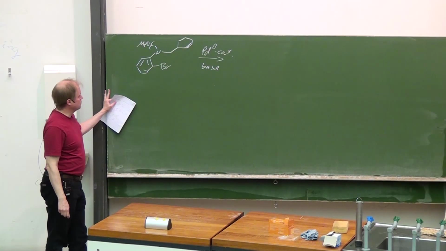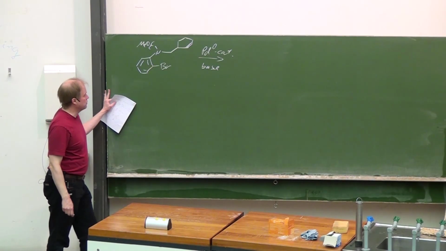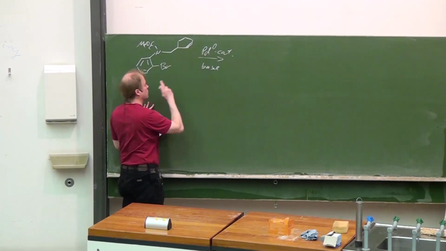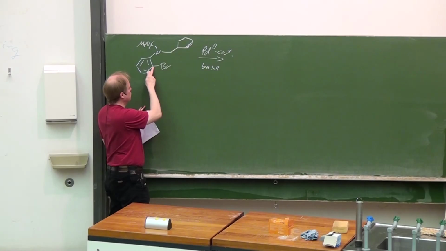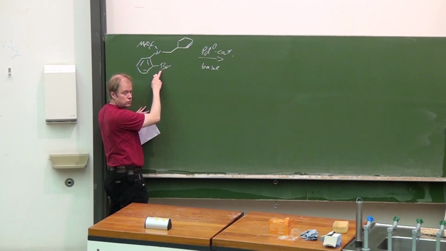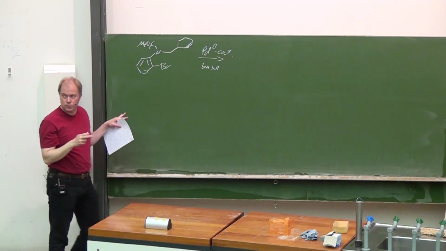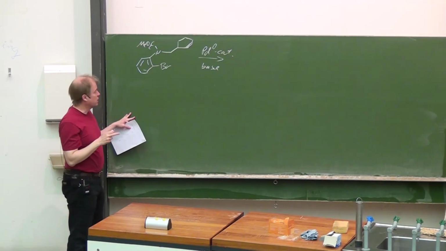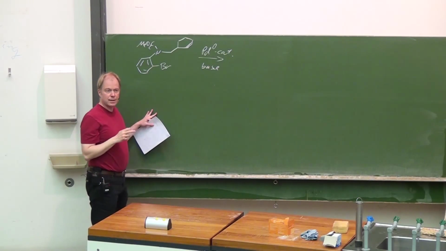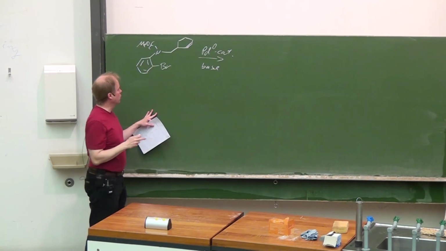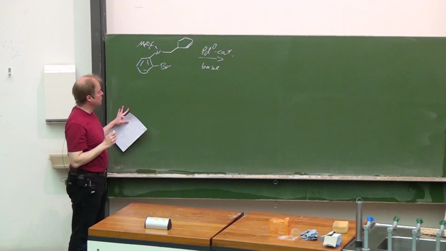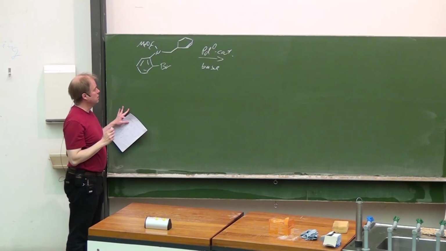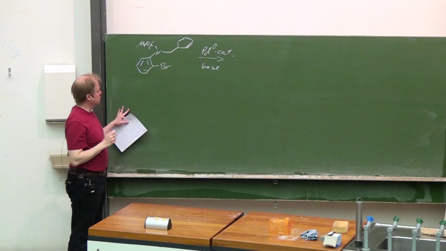So the mechanism of this reaction is, first of all, the palladium 0 makes an insertion reaction into the carbon-bromide bond. It is an oxidative addition reaction because palladium changes the oxidation state from 0 to +2. Then a carbopalladation occurs to this CC double bond, clearly a syn-selective process.